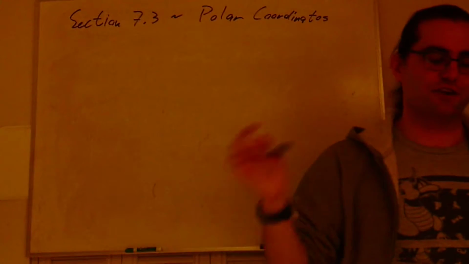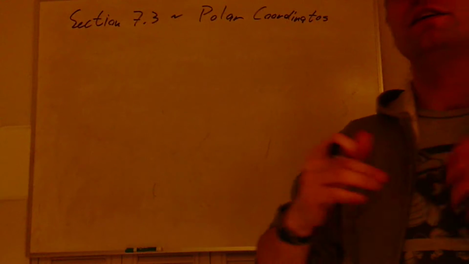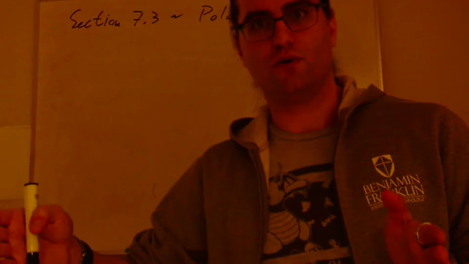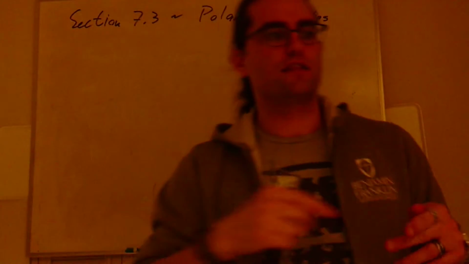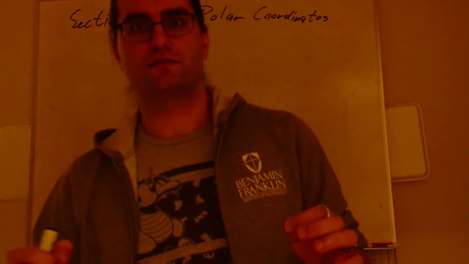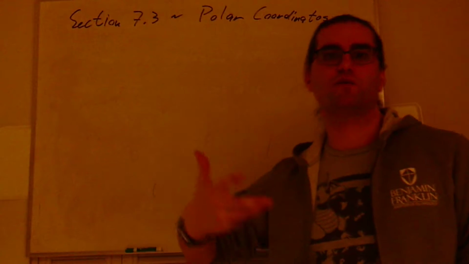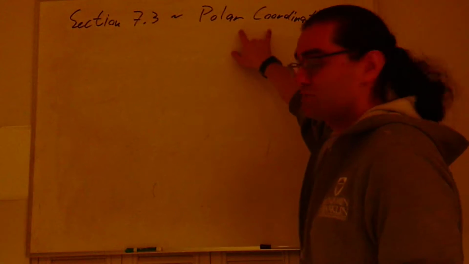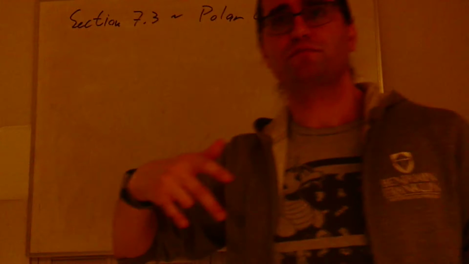I don't actually know how blocks work in New York City. Again, I've never been. But thinking of this in terms of distance to the right and distance up, or if you have negative numbers, that would make it left and down. Thinking of these as perpendicular distances is what the theory of the xy coordinate system is based on. So as we switch into polar coordinates, we shift that paradigm.